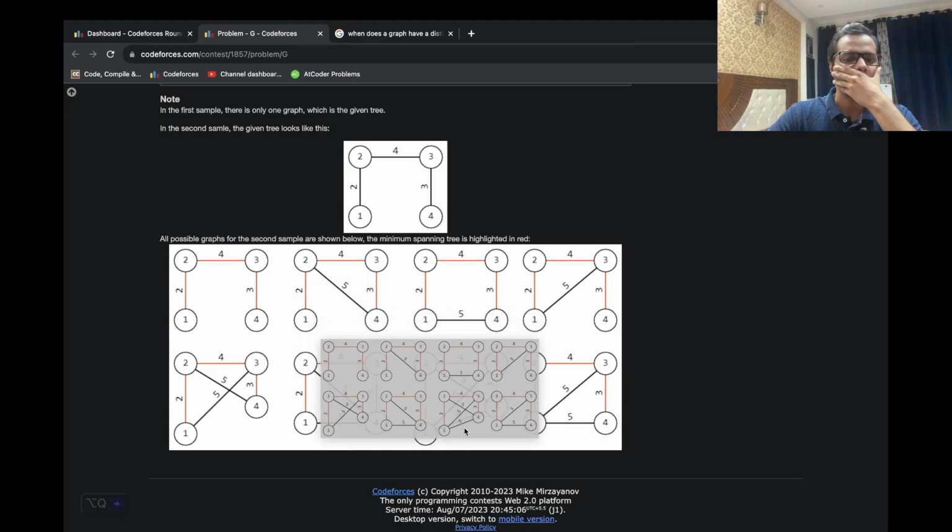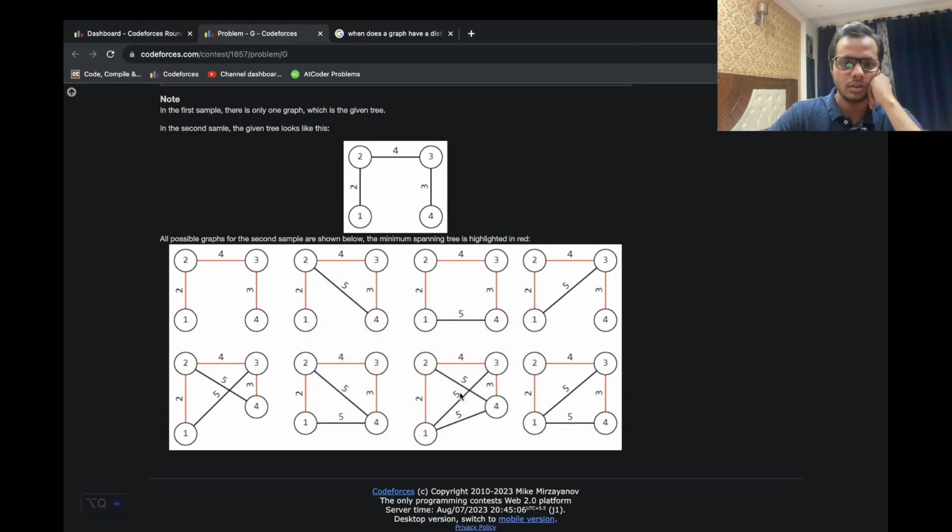So this is a possible graph and it has two cycles. That's interesting. It's really interesting. Okay.